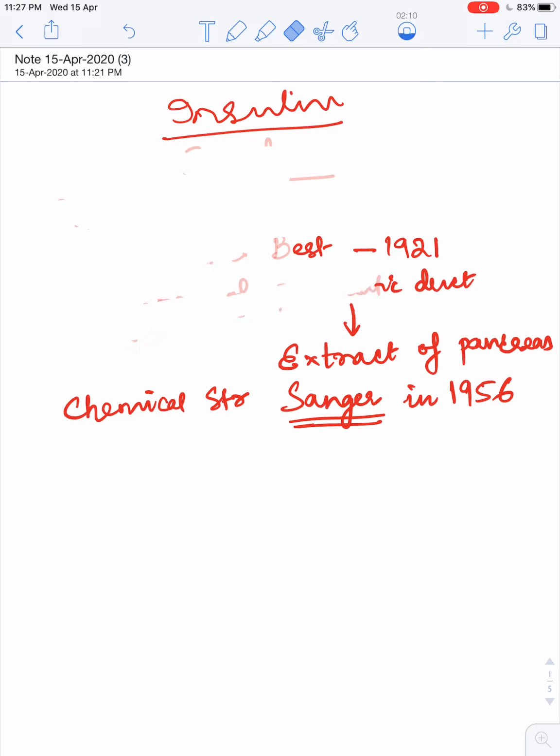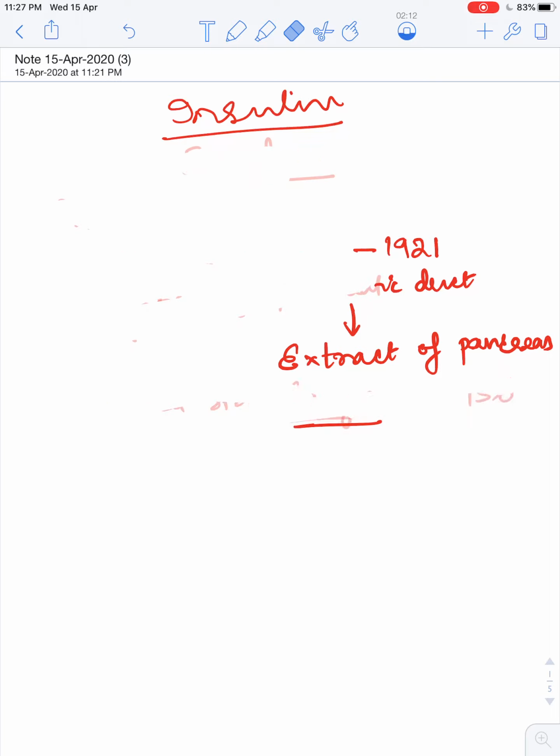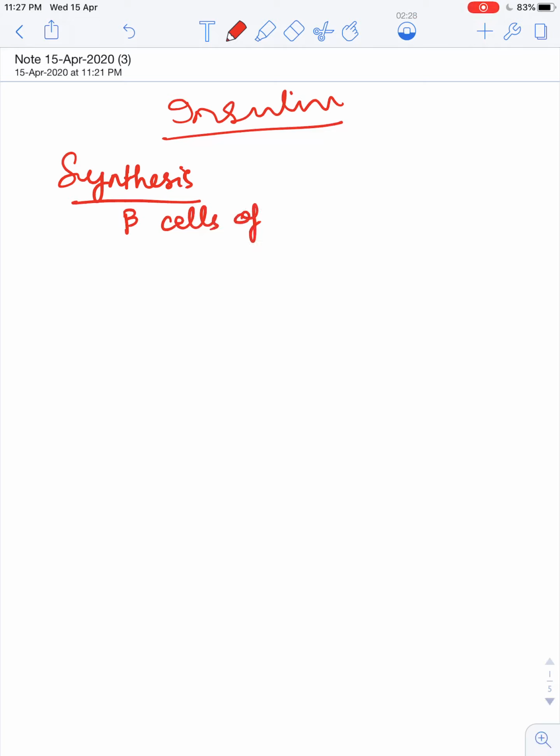So now coming to the synthesis of insulin. It is synthesized by the beta cells of pancreatic islets.